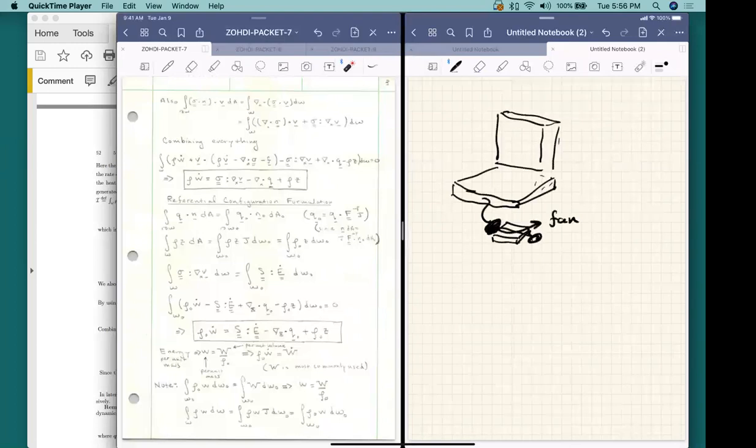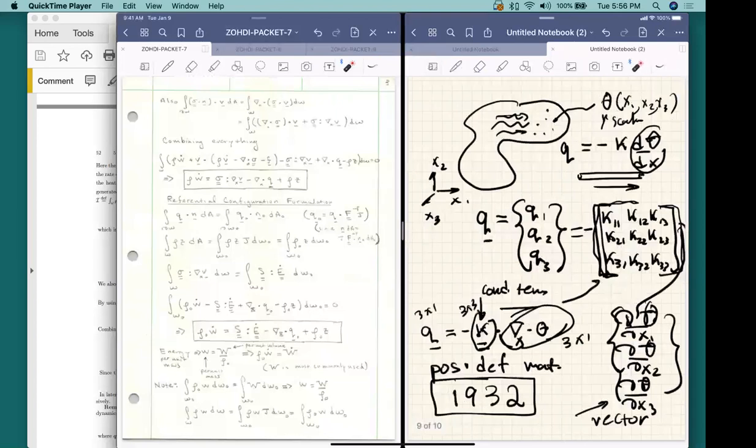Now, the only way I can bend that is to start messing around with the conductivity tensor. Even though it's a symmetric matrix, I can mess around with K11, K22, K33 in such a way that I can guide the heat flow in certain directions.